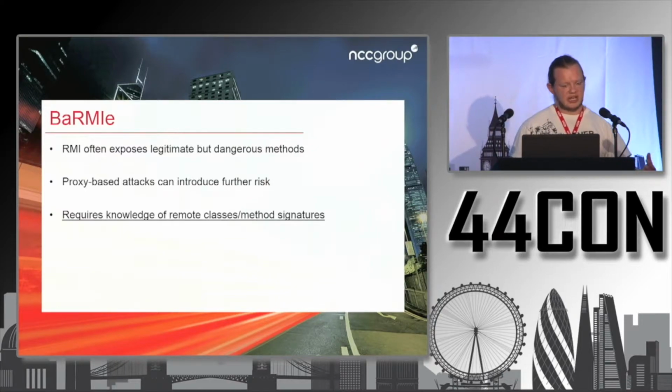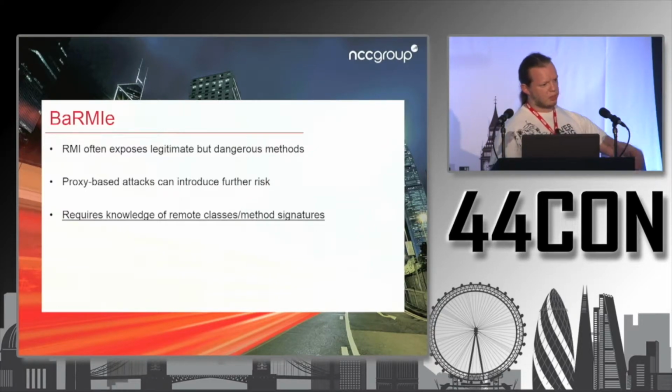It's based on the method name, the return type, the number and types of the parameters. It actually does a lot of things that reduce the entropy of that hash. So it's a 64-bit value, but the entropy is a bit less. So there's a bit less to brute force if you wanted to do that. But you had to brute force this hash in order to invoke a remote method.